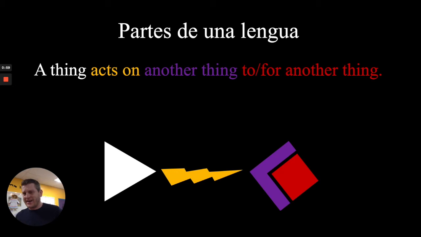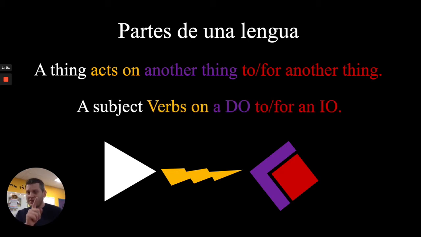I'm hoping these terms might seem more familiar to you because we've been talking about them a lot. We talk about the doer of an action, a subject does a verb, and it does that verb to a direct object. The direct object receives the action from the subject, and then it transfers that action to an indirect object.